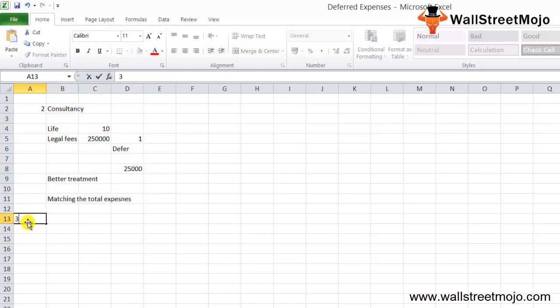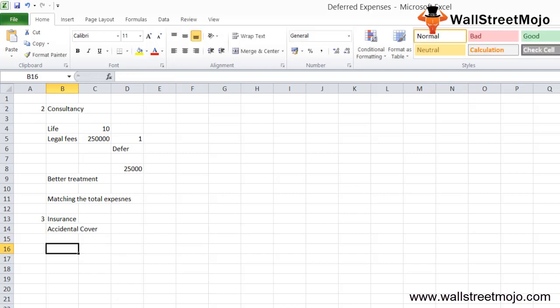Let's take one more example, of insurance. Now the insurance premium is paid in advance. The insurance premium is basically paid in advance in return for accidental cover in the coming months or years.